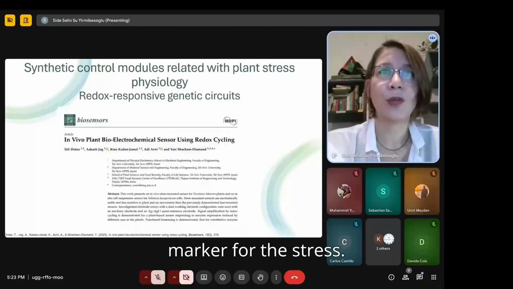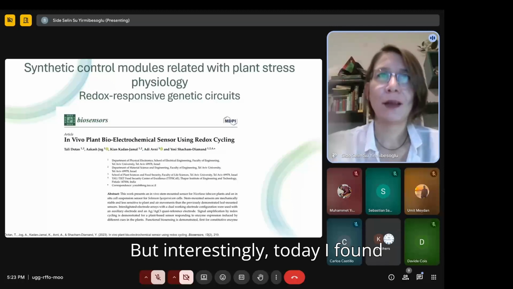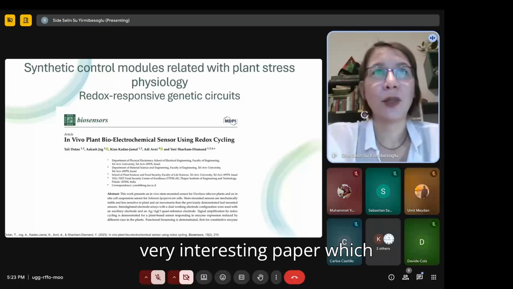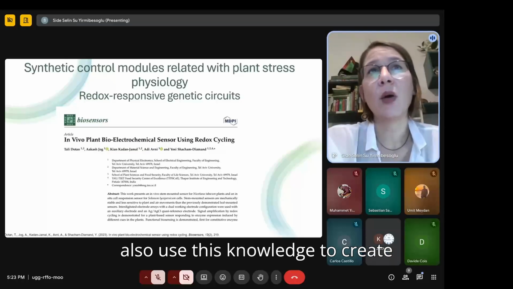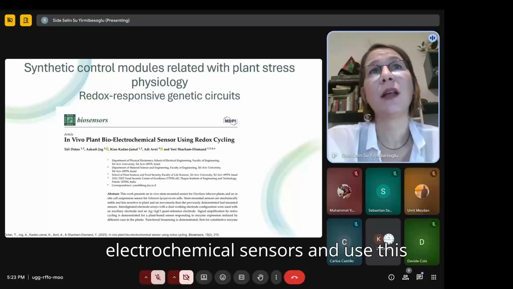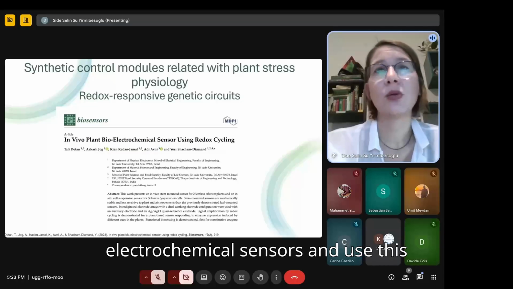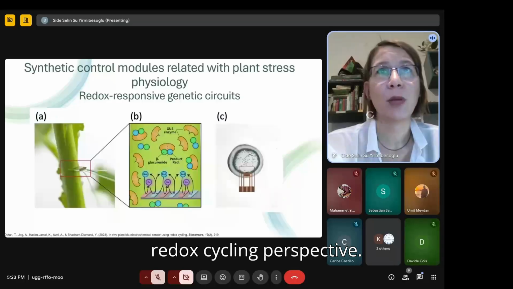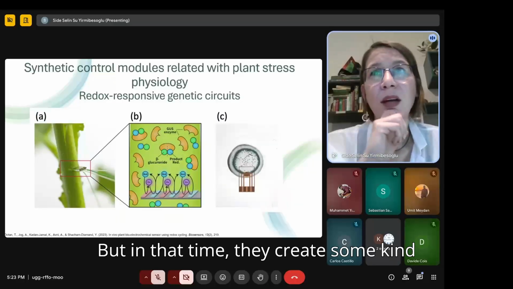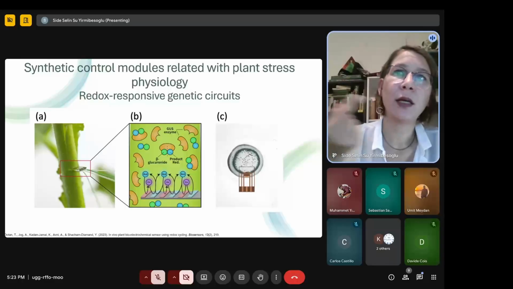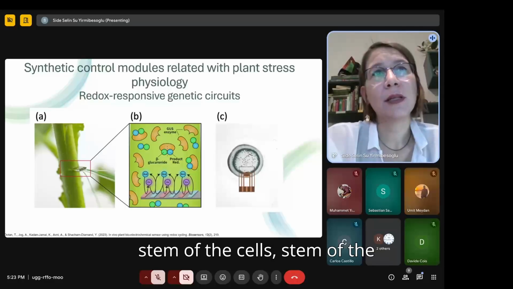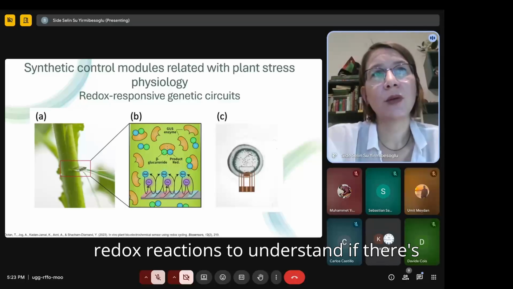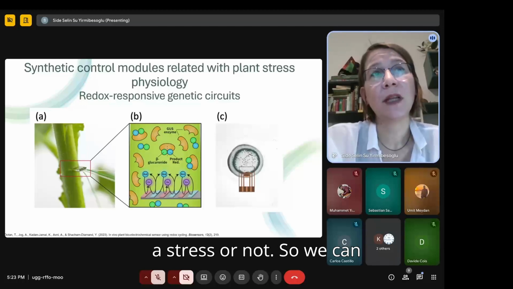And also we can use this again as a marker for the stress. But interestingly, today I found a very interesting paper which Dotan et al. show us. They also use this knowledge to create electrochemical sensors using this redox cycling perspective. But this time, they created different sensors to put in the stem of the plants, and they use these redox reactions to understand if there's a stress or not.